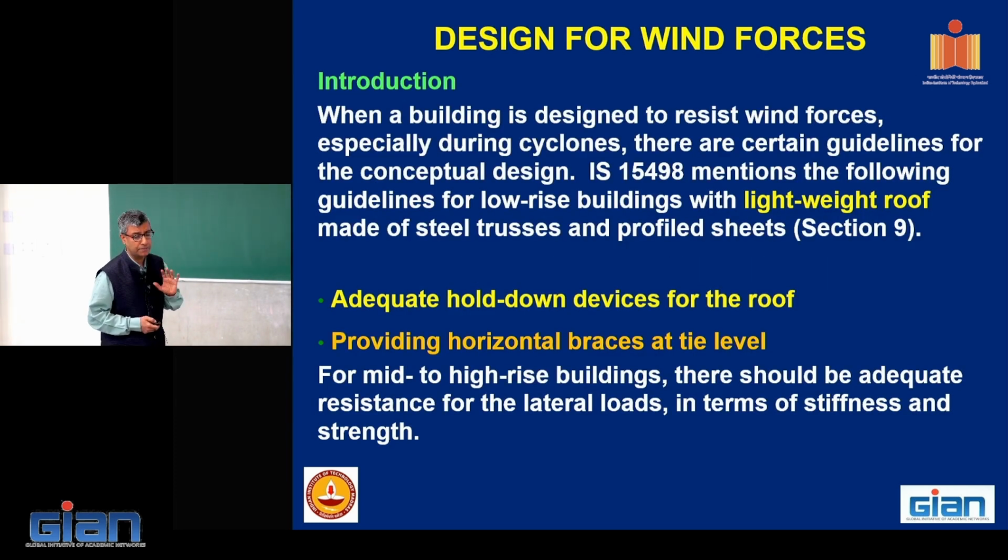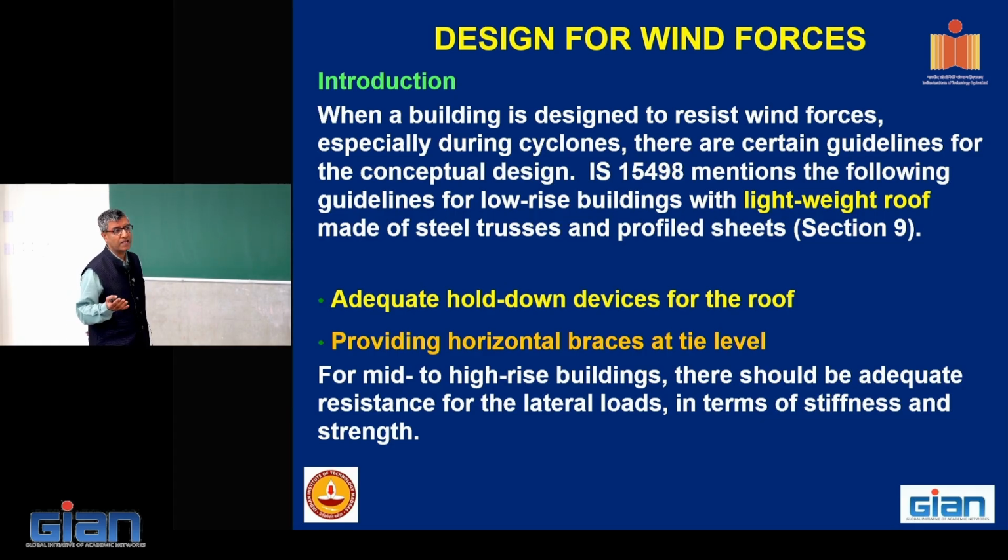wind design? First of all, this particular code, IS 15498, gives certain guidelines. Now comes the detailing aspect. Design means an important aspect is the detailing. Okay. But for a lightweight roof, especially for industrial sheds, this becomes a concern that it will be blown off.